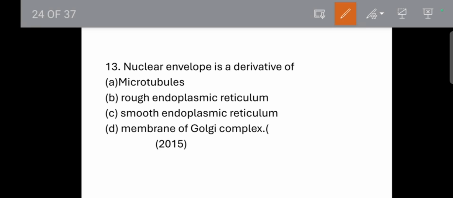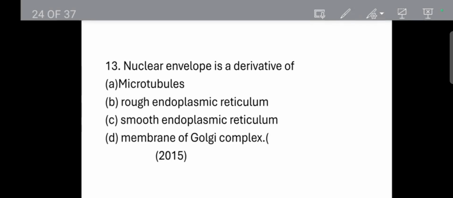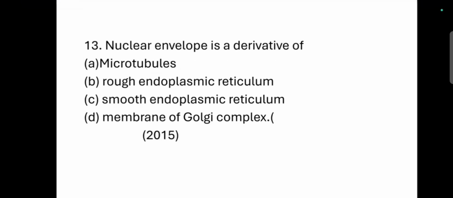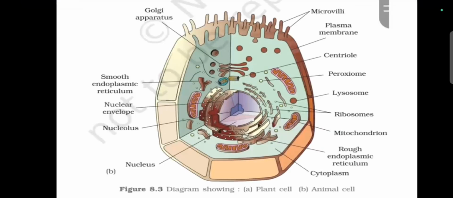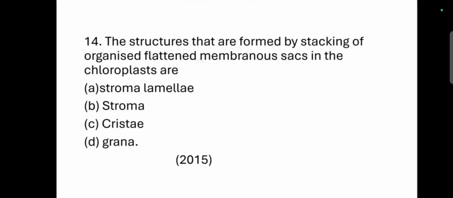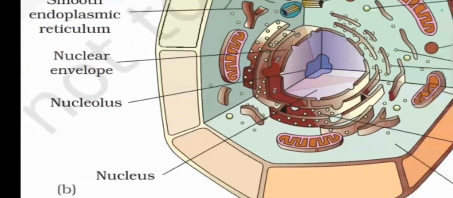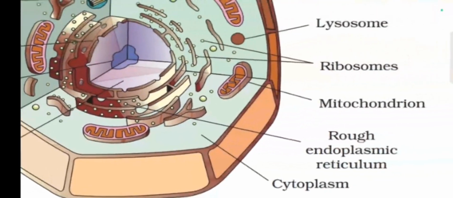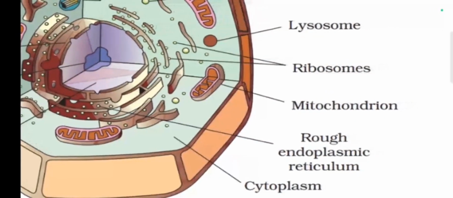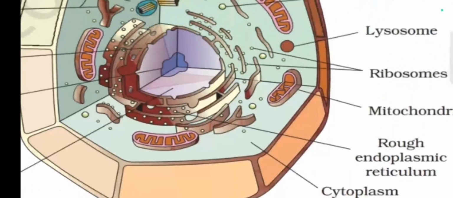The nuclear envelope is derived from microtubules, rough endoplasmic reticulum, smooth endoplasmic reticulum, or the fourth one, the membrane of the Golgi complex. So we have to remember the NCERT diagram. The NCERT diagram shows the nuclear envelope is derived from the rough endoplasmic reticulum.